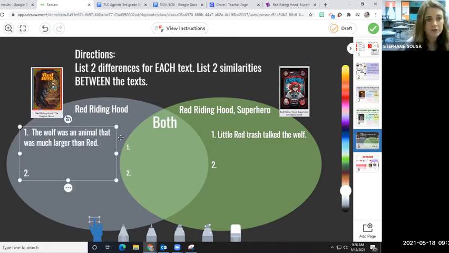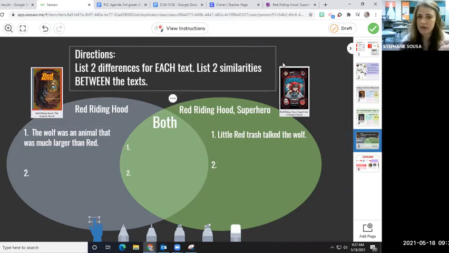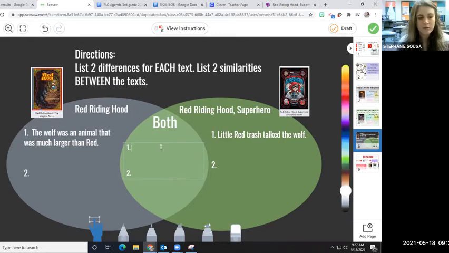In our fractured fairy tale version, the robot was much larger than red, but the animal itself was about the same. In our original version, that wolf animal was huge. And we usually see that inside of fairy tales where the evil or the bad guy is a lot bigger, okay? What's something that was true for both versions?